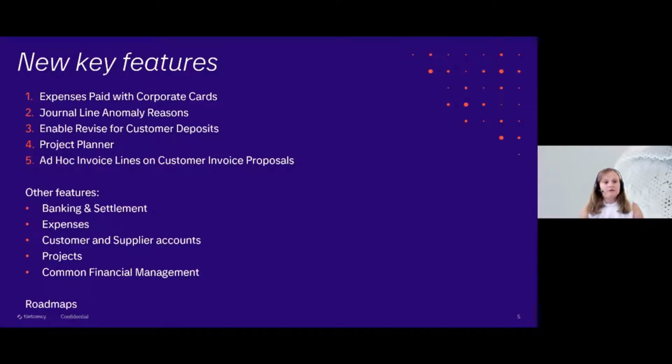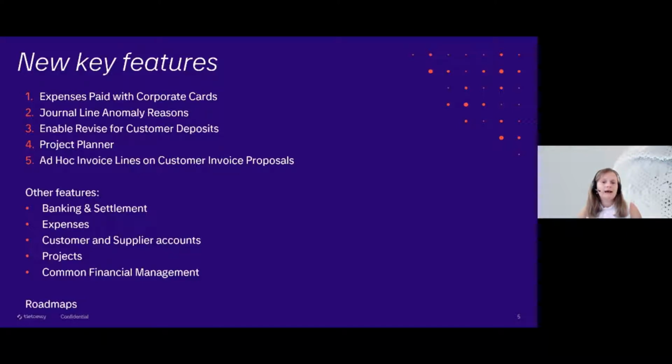This is our agenda for today. I have highlighted 5 new features, which I will cover in more detail, and those will be expenses paid with corporate cards, journal and anomaly reasons, enable revise for customer deposits, project planner, and ad hoc invoice lines on customer invoice proposals.